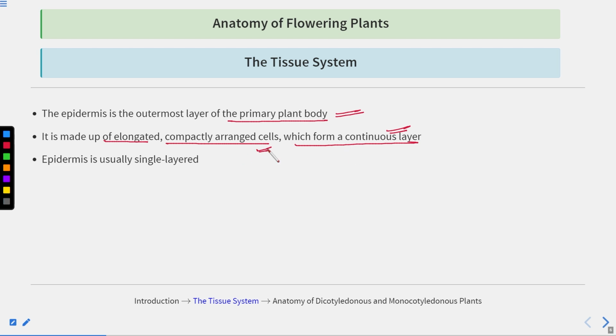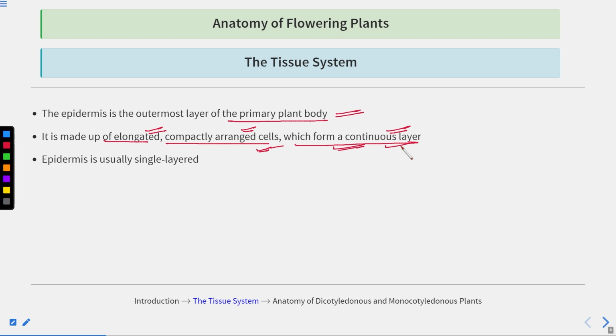If you see the epidermal cells, you will not find any other type of cells in between. The cells are quite elongated and compactly arranged. This is the characteristic of the epidermal cells. You won't find any gap; you can find the modification but not the gap.